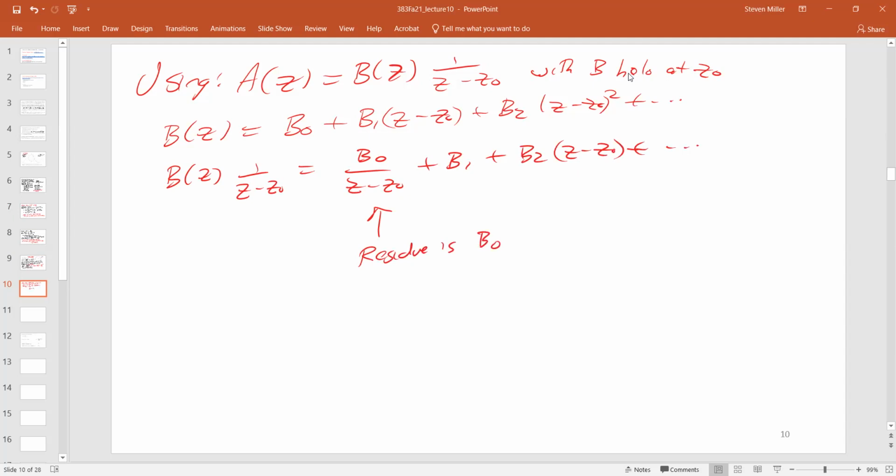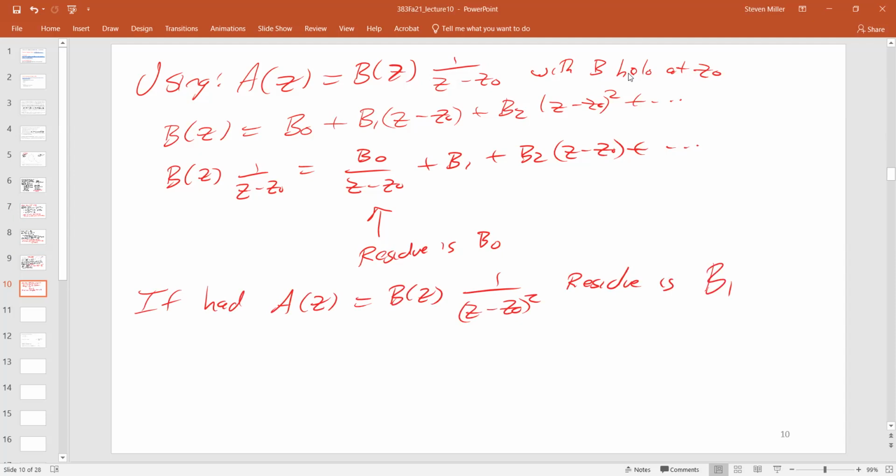If we had things a little bit more general, if instead of 1 over z minus z naught, I had 1 over z minus z naught squared, what term would matter? If a of z was b of z times 1 over z minus z naught squared, then the residue would just be b1.